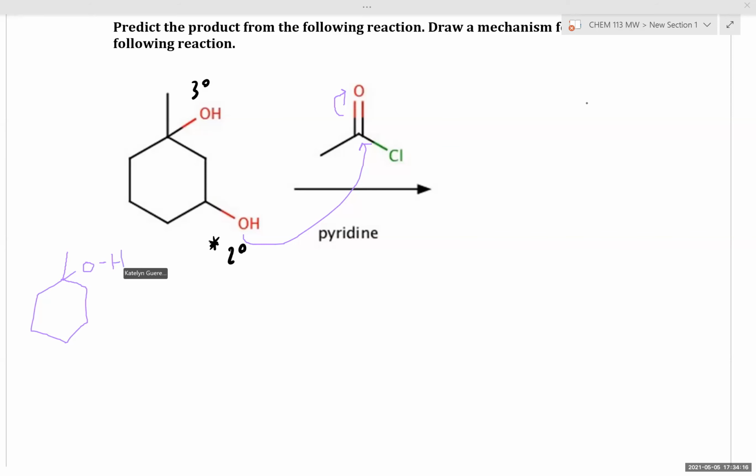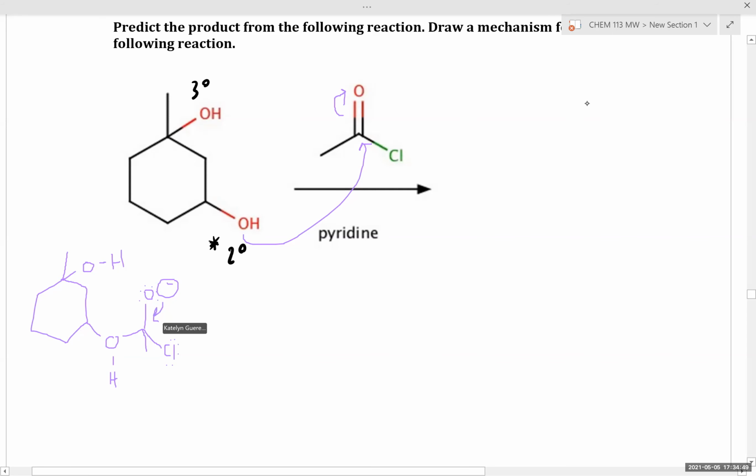So the student proposed mechanism that was shared in the chat looks reasonable, and in fact closely matches the drawn mechanism that one of our students is annotating onto the class whiteboard. Okay, so in this case, we have an alcohol and an acyl chloride. Our alcohol attacks the electrophilic carbonyl carbon. We get a tetrahedral intermediate. And now when this tetrahedral intermediate collapses, we kick out our leaving group, which in this case is chloride.